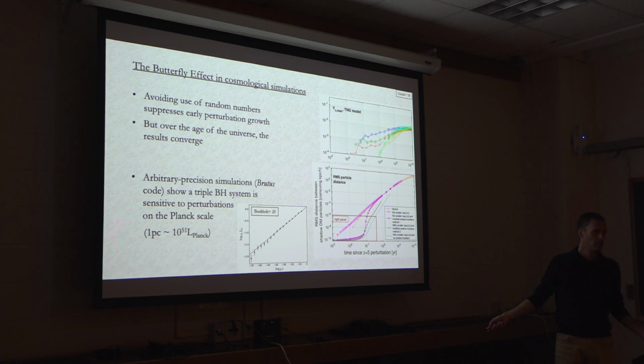So they set the code to a precision of 10 to the minus 51, which is the ratio between a parsec, where they set up the simulation, and the Planck scale. And they've shown that even with this precision, there's a reasonable fraction of their systems that evolve in different ways, that diverge; essentially they are chaotic in this case.